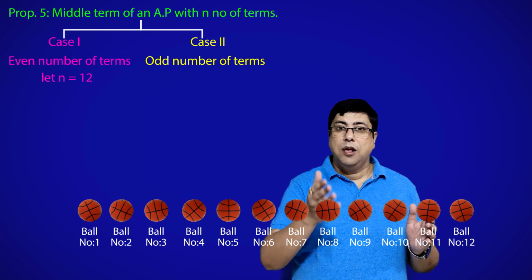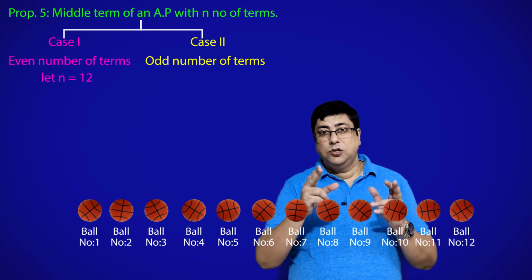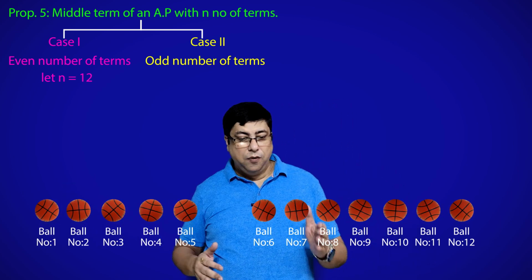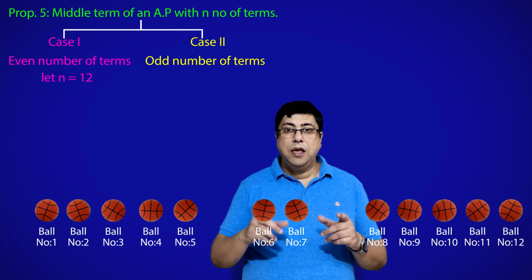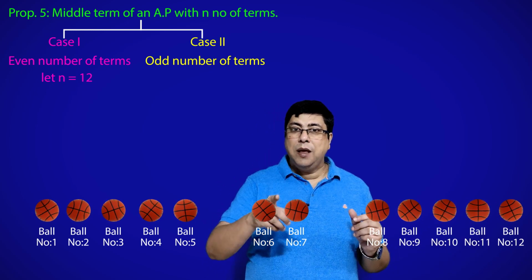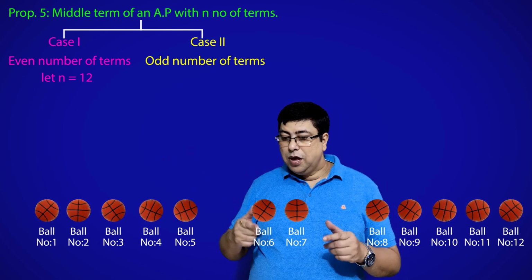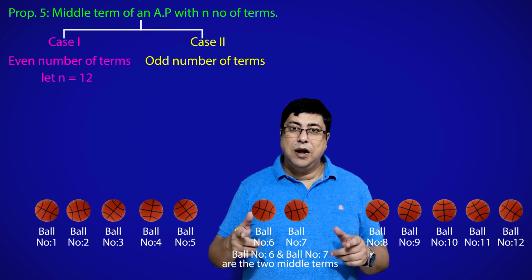The person will be confused because the middle terms are 2 in this case. So what to do? Just remove 5 balls from here, 5 balls from here. So there are 2 balls. When n equals an even number, it has 2 middle terms. So here the 6th and 7th balls are the middle terms.